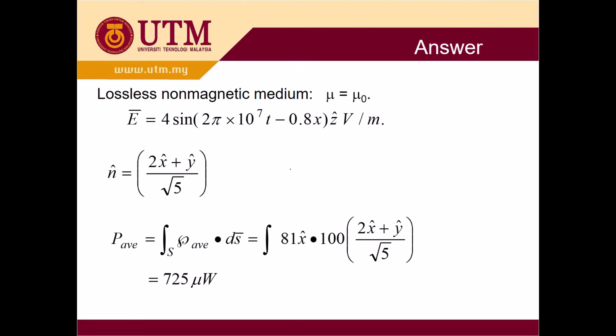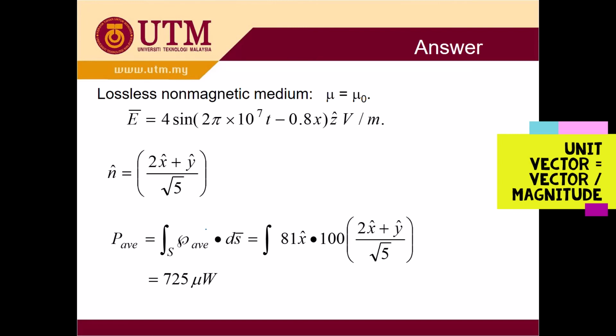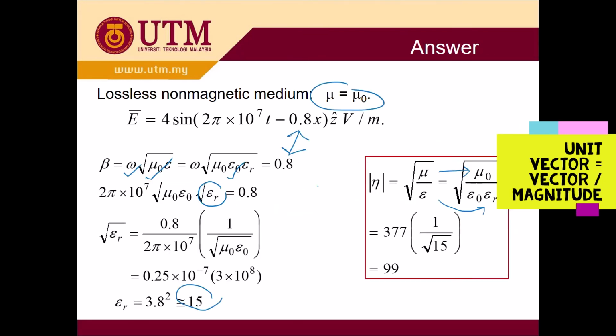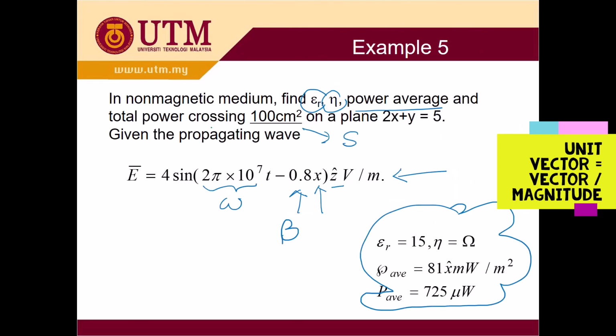And then this is a normal vector to the surface. We have 2x plus y divided by square root of 5, and P average to the surface, because the surface is a vector. Going back, you are given S equal to 100 centimeter square, and this is the plane. So we have to find the vector normal to the plane.